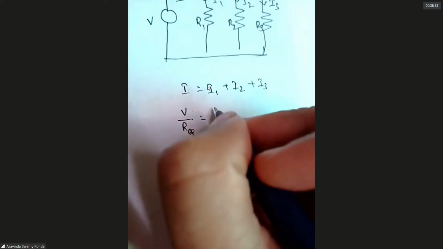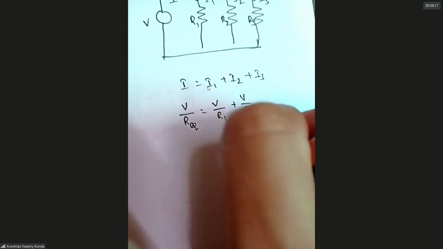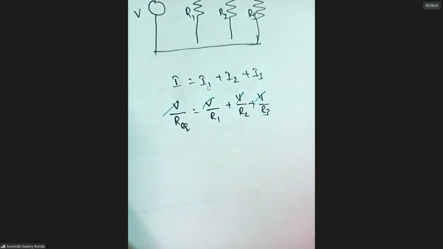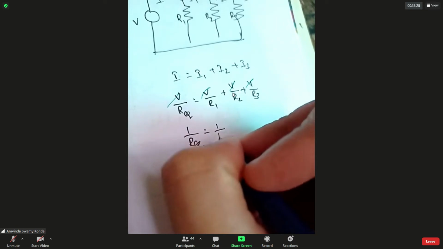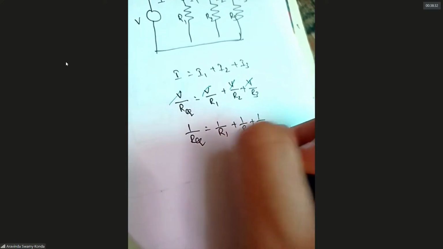Total voltage by total resistance. I1 is V by R1, V by R2, V by R3. So all V is getting cancelled. Then 1 by R equivalent equal to 1 by R1 plus 1 by R2 plus 1 by R3.